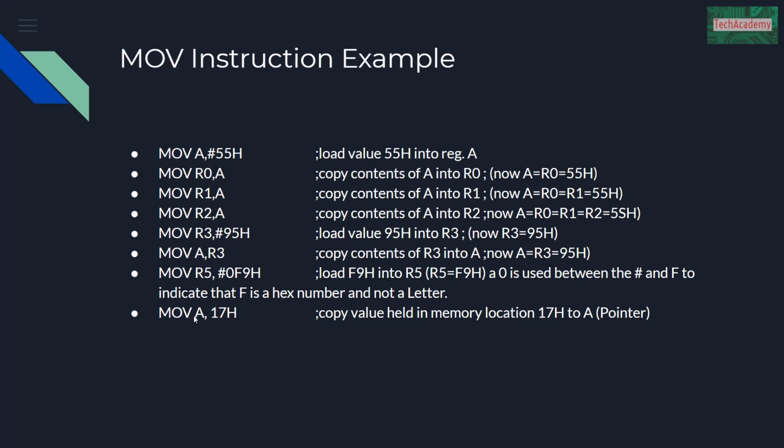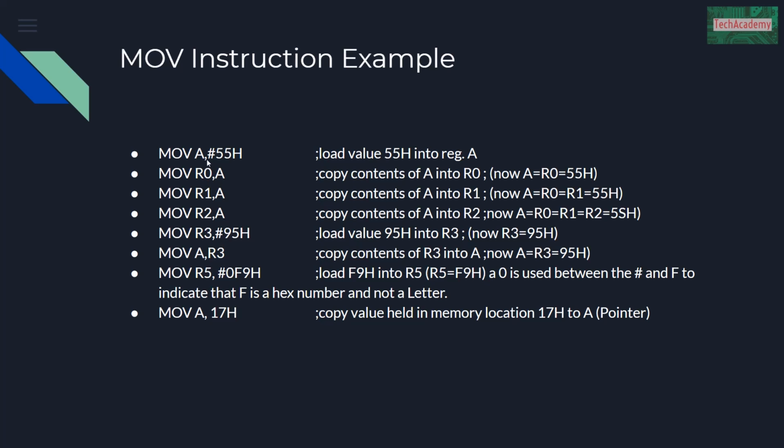So these are the different ways in which we can transfer data from one location to another, or we can directly transfer immediate data into any of the registers, like accumulator or any of the R0 to R7 registers, by using this hash sign.